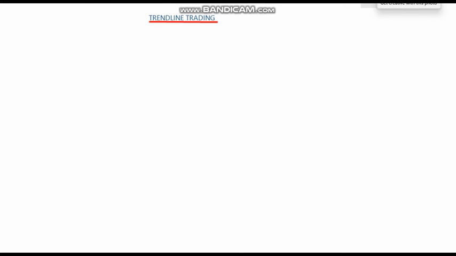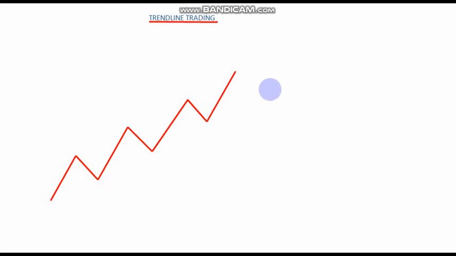Trend line trading. So guys, in this part of the video, we'll be learning how to trade trend lines like a pro. We all know for an uptrend, we have something like this. Price goes up, comes down, goes up, comes down, goes up, comes down, and so forth, guys. Now, how do we call this movement from here to here?